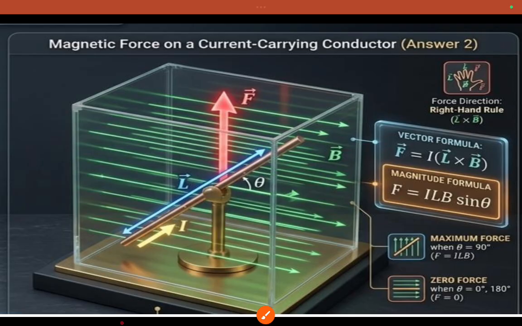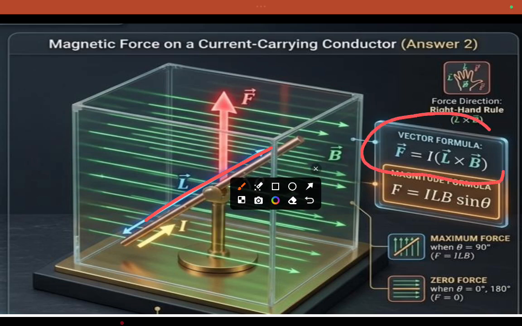Here is the magnetic force on the conductor. In vector representation, F equal to I of L cross B, which is nothing but F equal to BIL sin theta. It will be maximum when theta is 90 degrees and minimum when theta is 0 or 180.